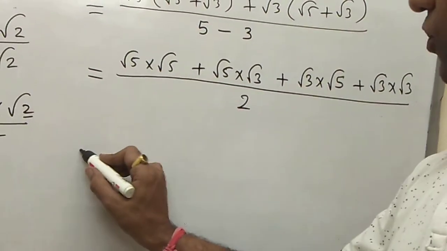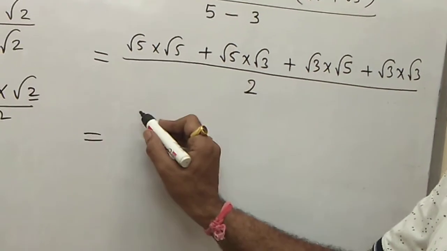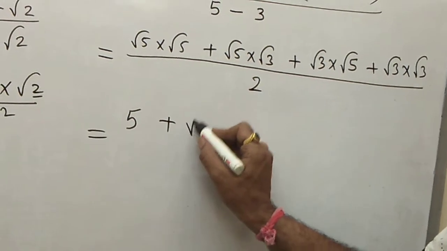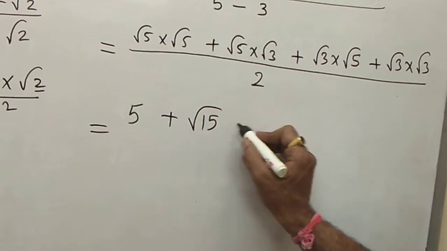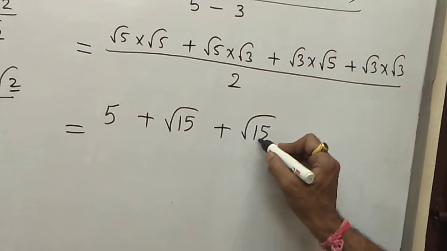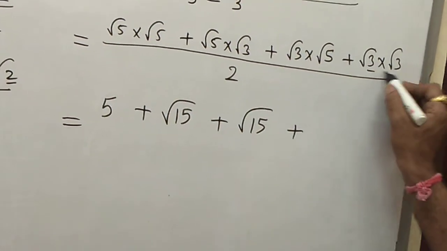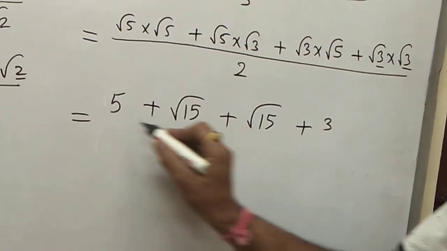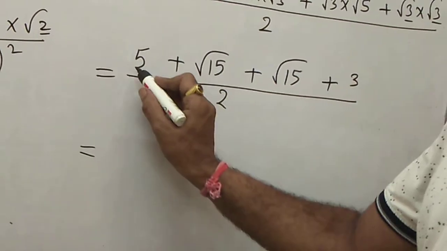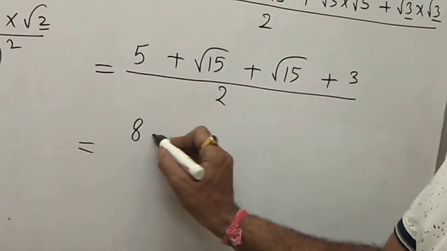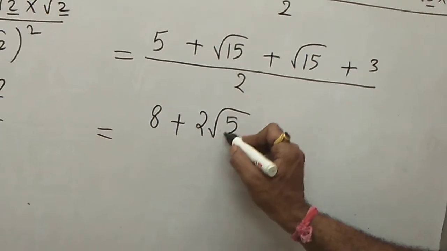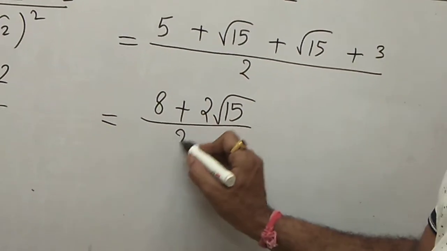Root 5 into root 5, you have the same number, means the roots are removed, so 5 only. So 5 into 3, both are different, so they are multiplied inside, so 5 times 3 is 15. Now here root 3 into root 5, again different, so inside multiply, root 15, and now again the same number, so without root, 3. 5 plus 3 is 8, root 15 plus root 15 is 2 root 15, and then upon 2.